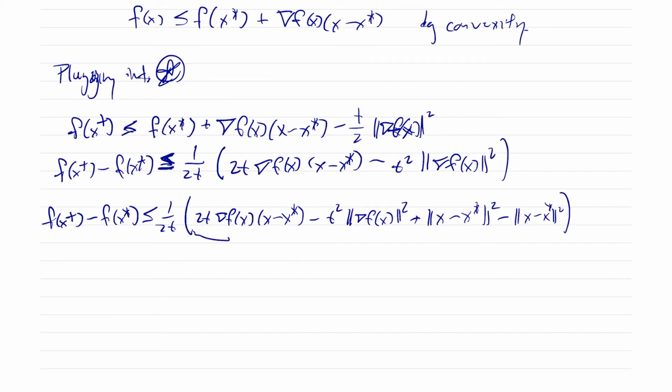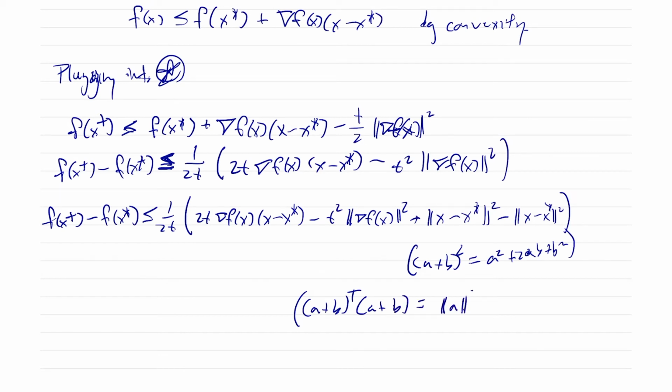And over here we have 2t. It's like a plus b quantity squared is equal to a squared plus 2ab plus b squared. But the difference is when you talk about multivariable functions, so vectors. a plus b squared ends up being norm of a squared plus a transpose b plus b transpose a plus the norm of b squared.